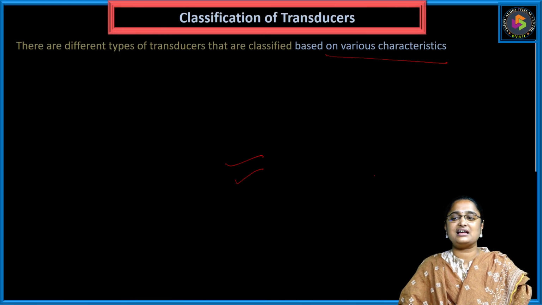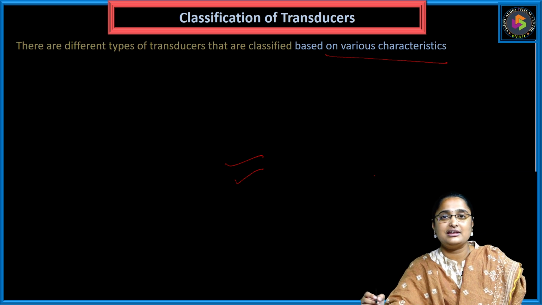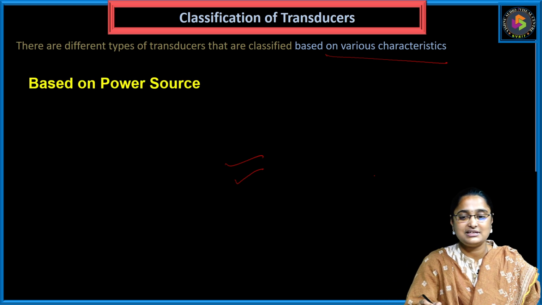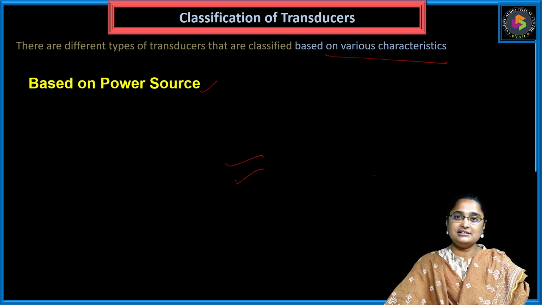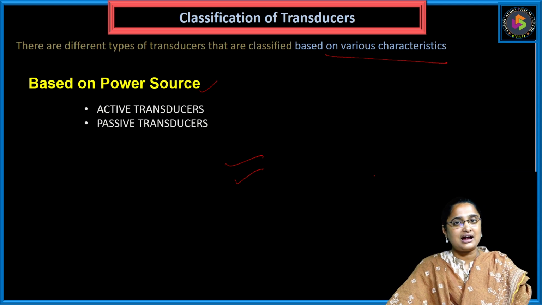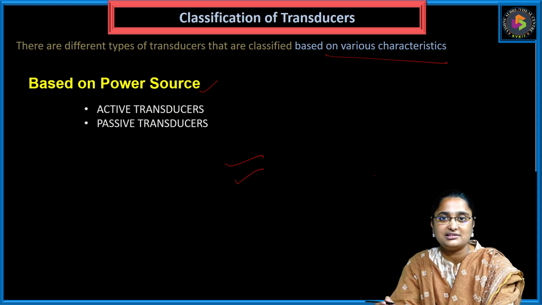Now we'll see the classifications of the transducer. Classification is based on various characteristics. The first one is based on the power source used for the transducer. It can be an active transducer or a passive transducer.